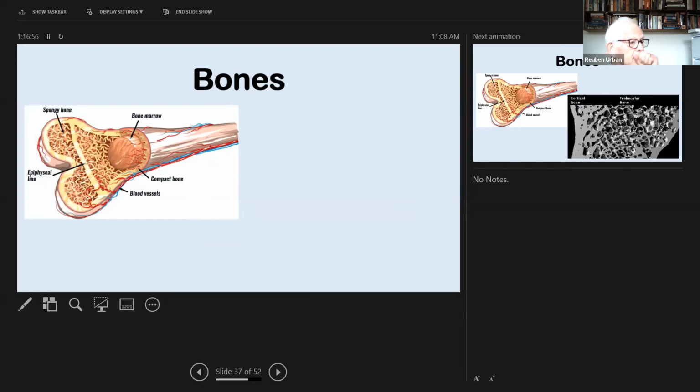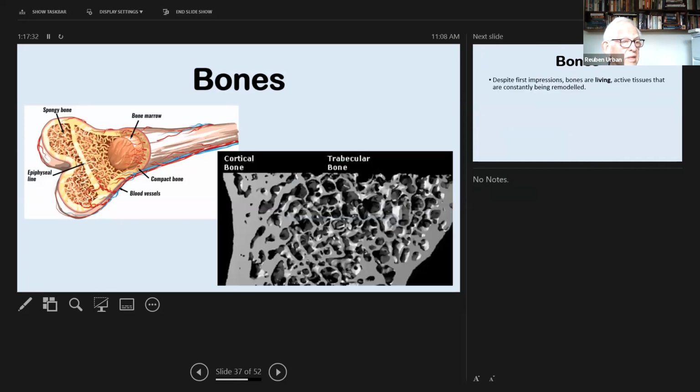Now this word here, the epiphyseal line, that's the growth line. As a bone grows, it grows from that line. With the long bones, when you're a baby you're this big, and to become a 5 foot, 6 foot person, the bones have to grow, and that's where they grow from.